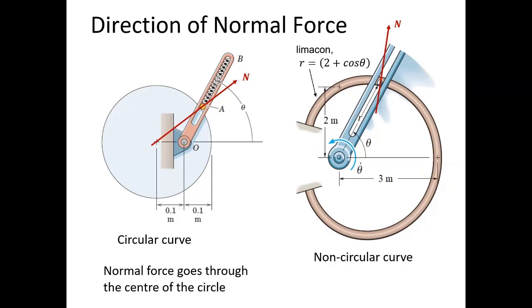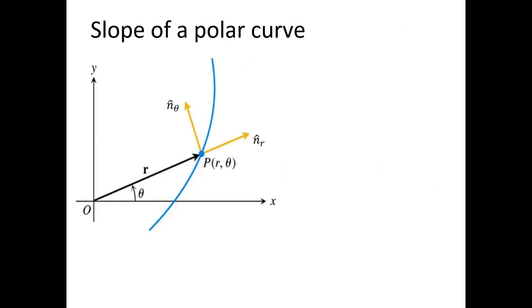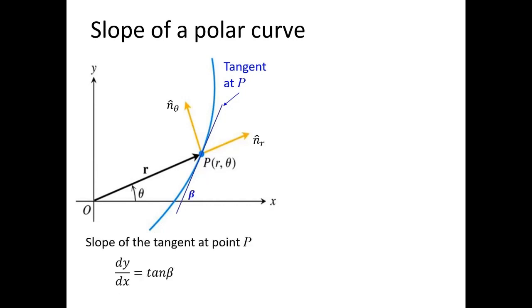To find the direction of the normal force component or the reaction, we could look at the slope of a polar curve. That is, if you draw a tangent to any curve at a particular point, P in this case, and this angle is beta, we know that the slope of this tangent at point P, dy by dx, is tan beta.